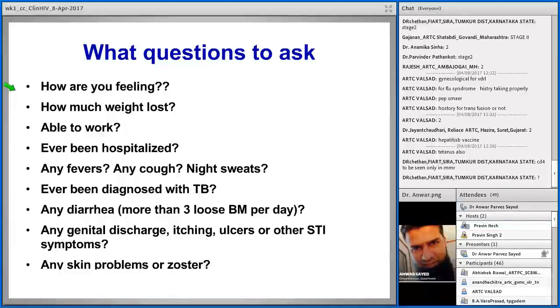Any genital discharge, itching, ulcers, other STI symptoms? I am pretty sure that most of us are not asking these questions. Even if we ask, you can evaluate yourselves how far you are asking these things to patients. But I urge you to ask this at least to the new patients. Please give more time and don't miss any of these questions.